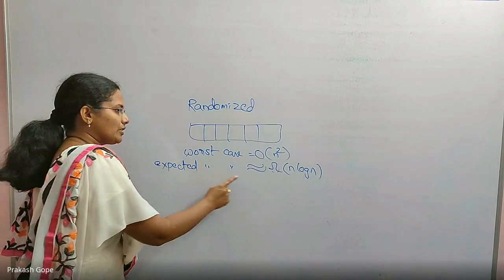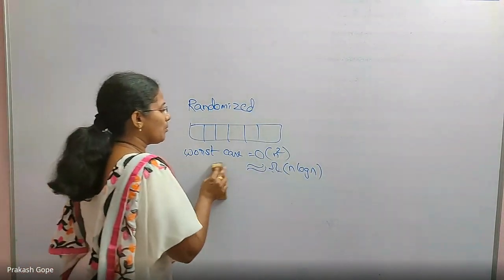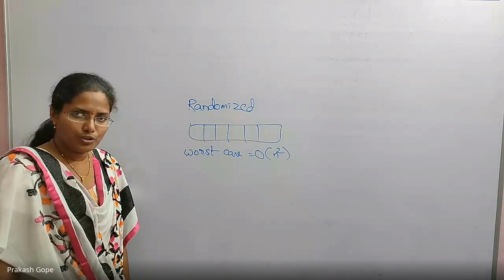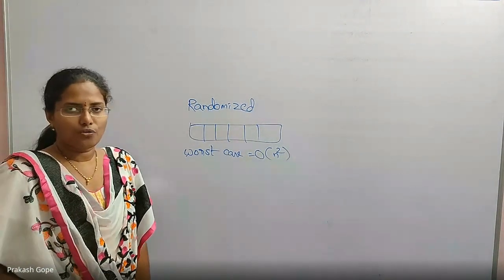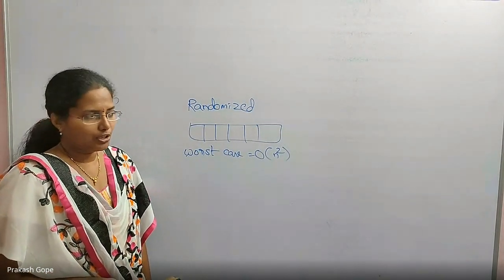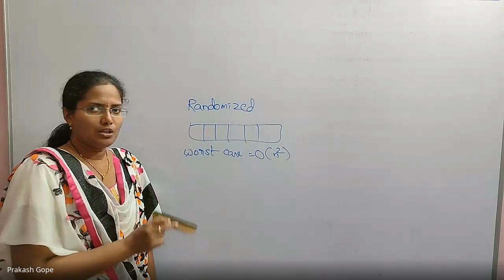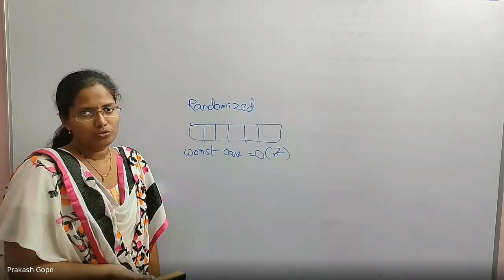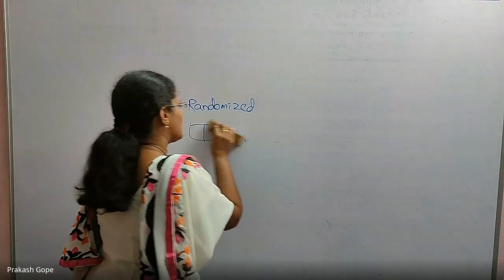So the expected worst case time complexity is n log n. But strictly speaking, the worst case is n square, like any other logic of picking the pivot element. Only in the case of the median of medians rule is the pivot mostly close to the exact middle, which is why we get n log n as the time complexity.